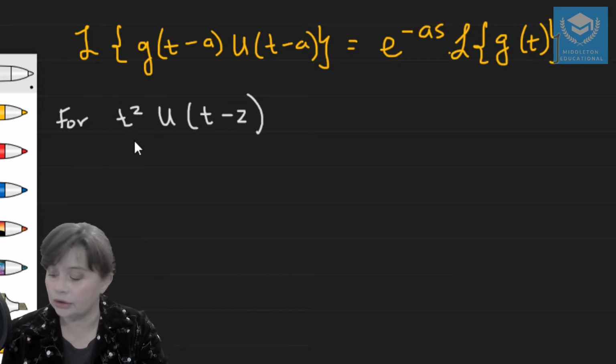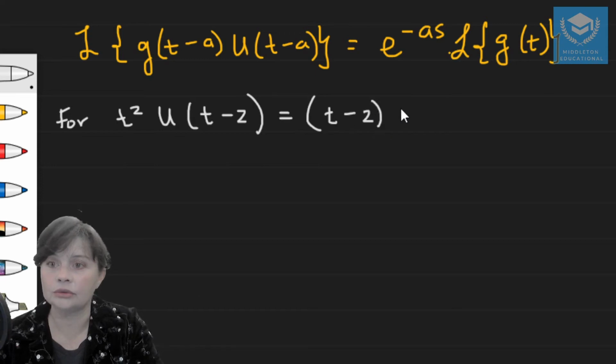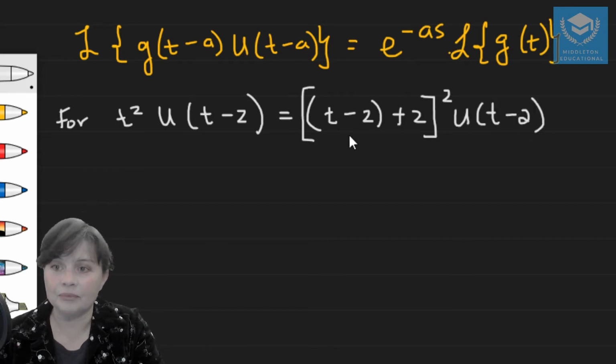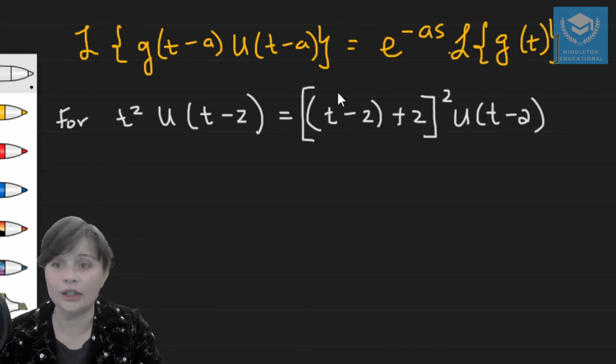So what I'm going to do is introduce a 2. Right? So what I've done is I've subtracted 2 and added 2, so I don't change the actual value of that function. All I'm doing is changing the form of it. And I've kept the squared just as you have t squared here.